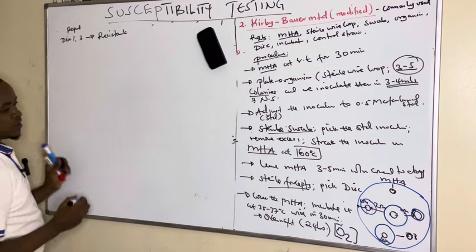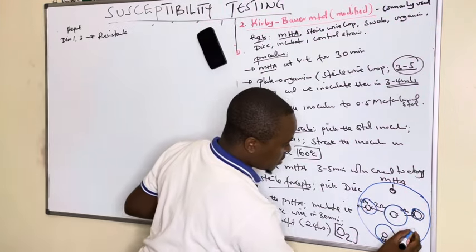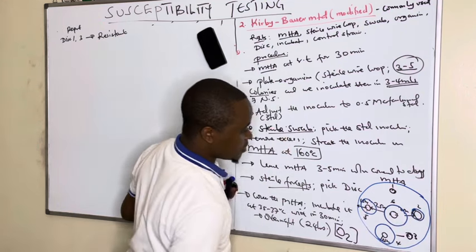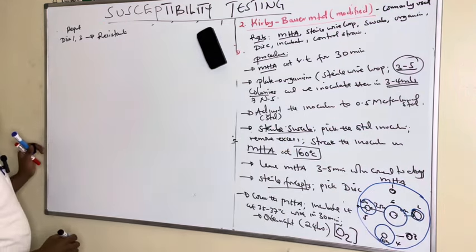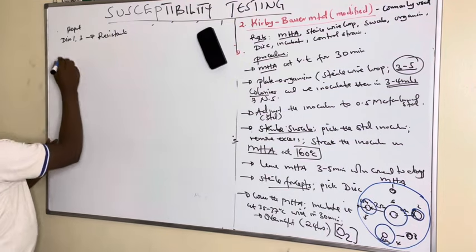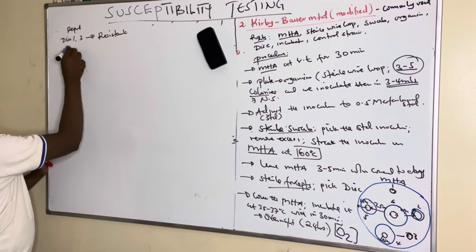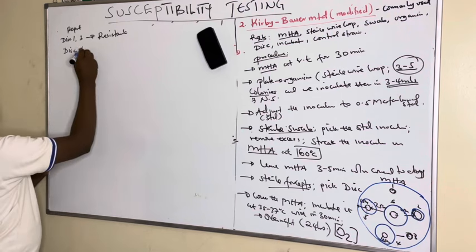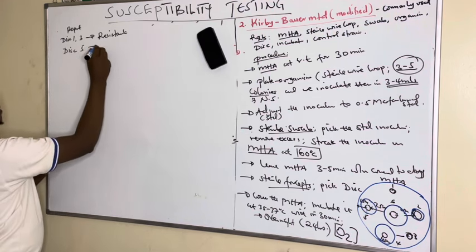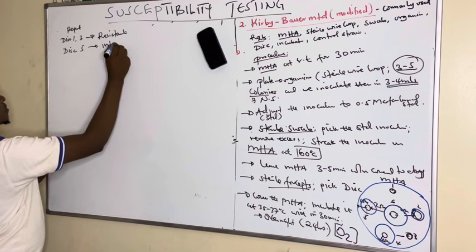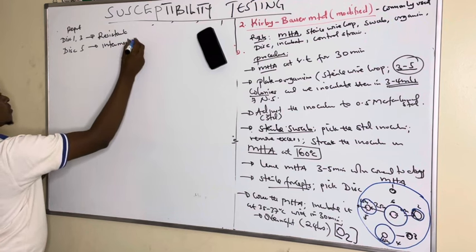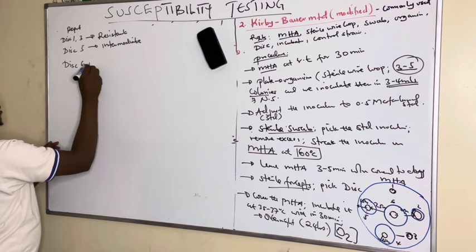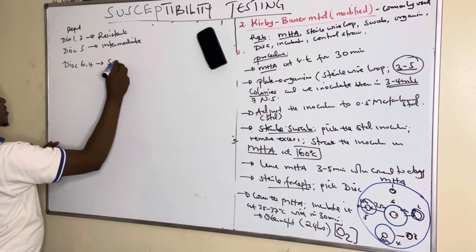Then if this is 2, 3, this is 4, 5, and 6, we shall say disc 5 is intermediate, and we shall say discs 6 and 4, they are susceptible.